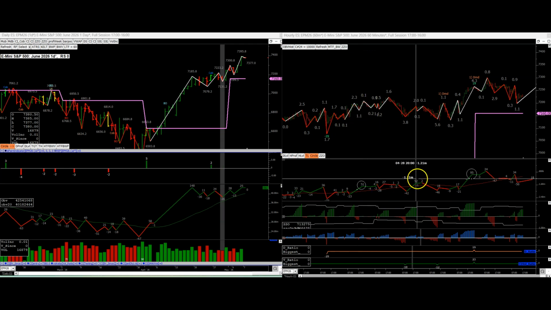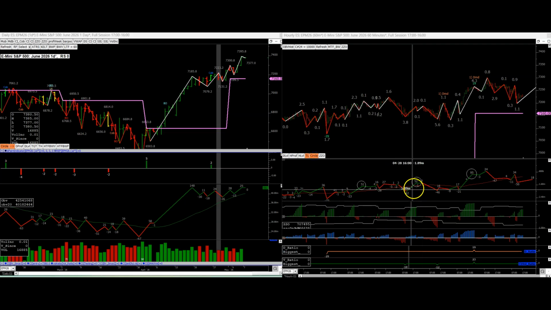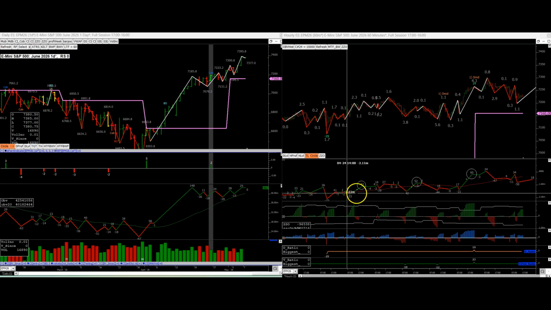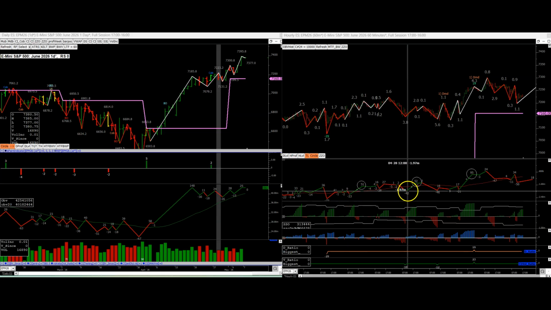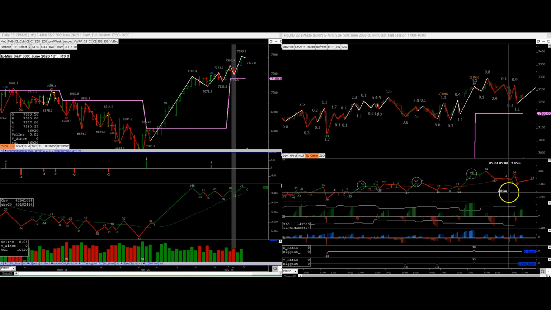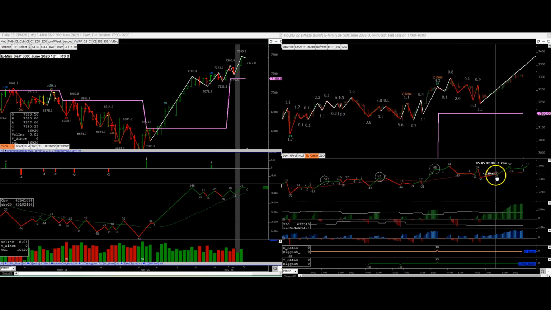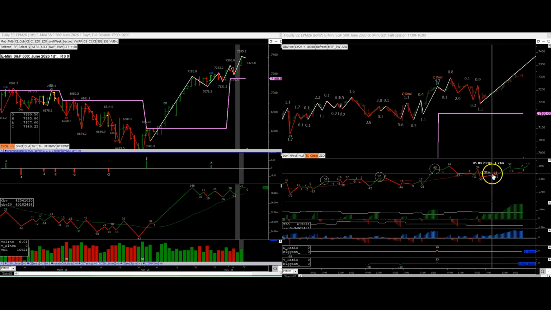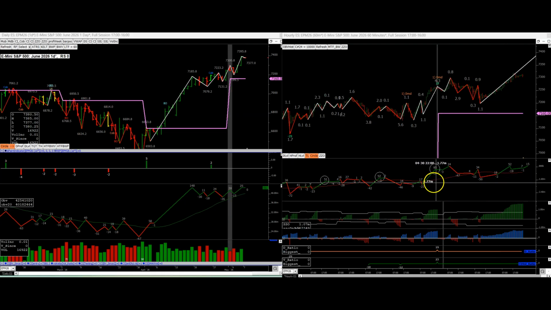Pulls back and then again identifies smart money coming in, and the low is holding. The low of the smart money wave is holding. And we're above the line.